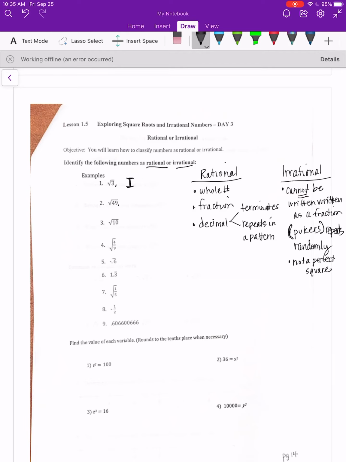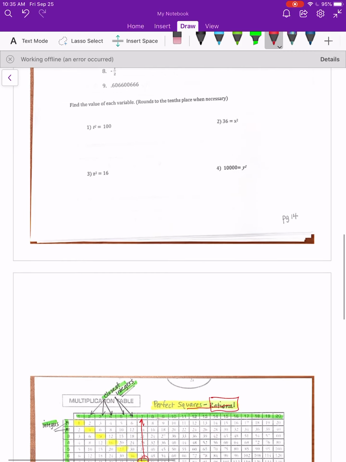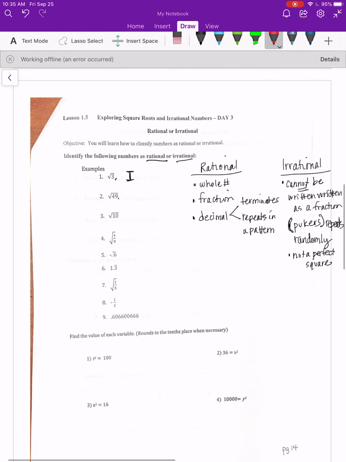So here, the square root of 49. Well, if you see the square root of 49, and let me do some erasing again because I got a lot of junk on here. So the square root of 49 shows up right here. 49 is a perfect square. It's highlighted in yellow. And right here I wrote, perfect squares are rational because it's 7.